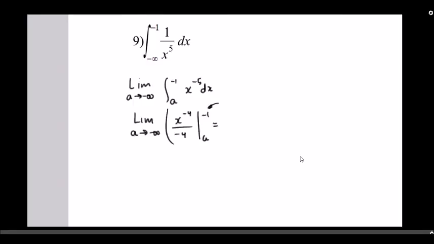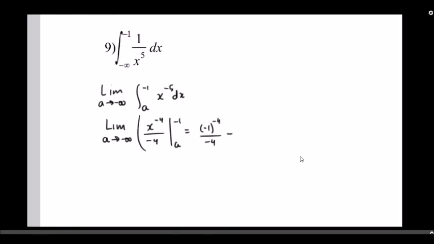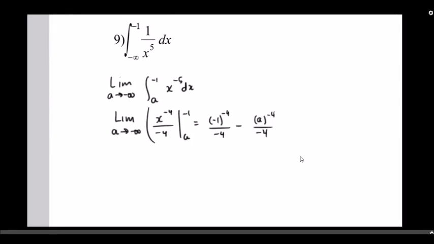So you always start with the upper limit. So we're going to have negative 1, and then we're going to have, okay. So the limit as a approaches negative infinity.